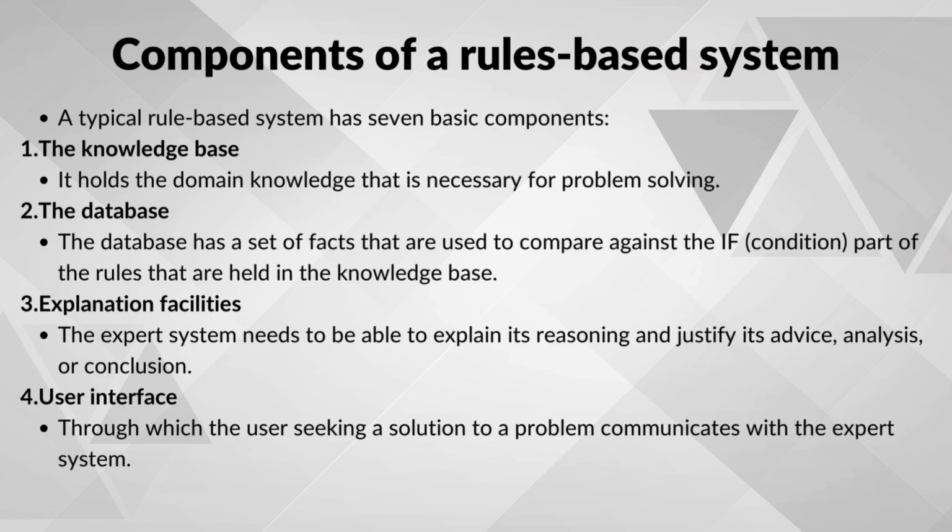The rule base contains a collection of if then rules. Each rule specifies a condition, that is if, and an action, that is then. When a condition is satisfied, the corresponding action is triggered. These rules embody domain expertise and guide the system's reasoning.